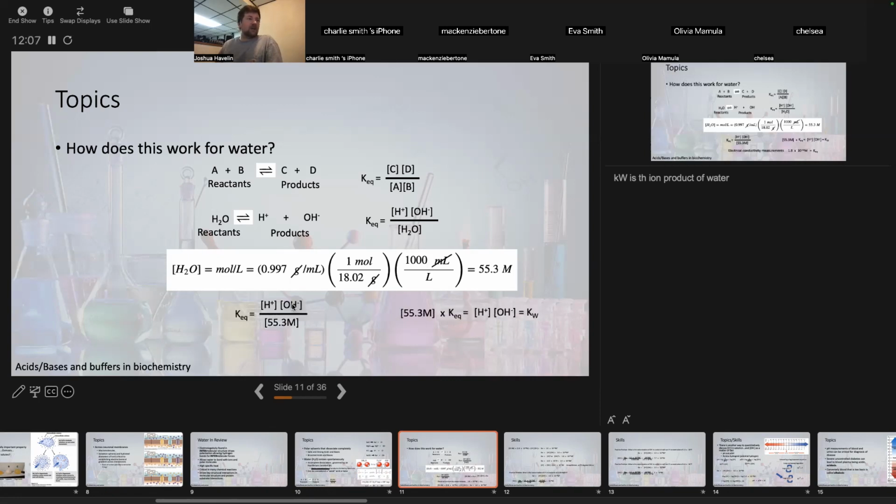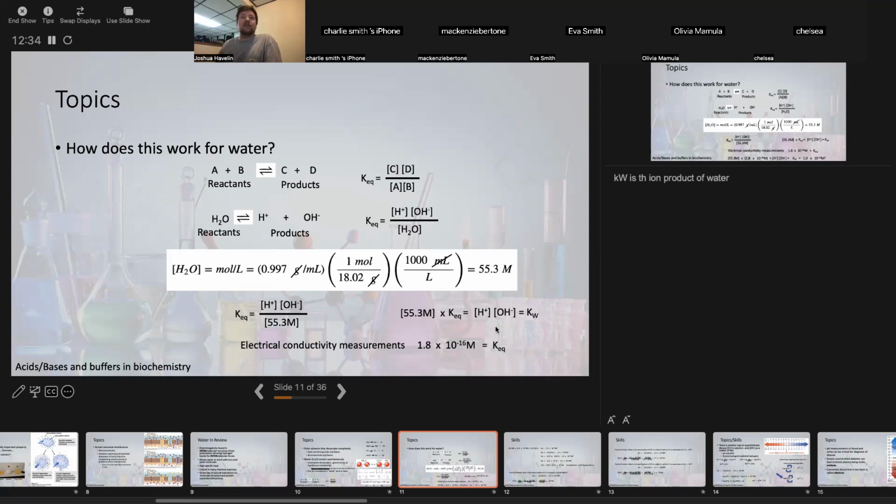And then in order to calculate our H+ and OH-, we have to use a little bit of experimental evidence. Using electrical conductivity measurements, we can determine that Keq in this case is equal to 1.8 times 10 to the negative 16th.